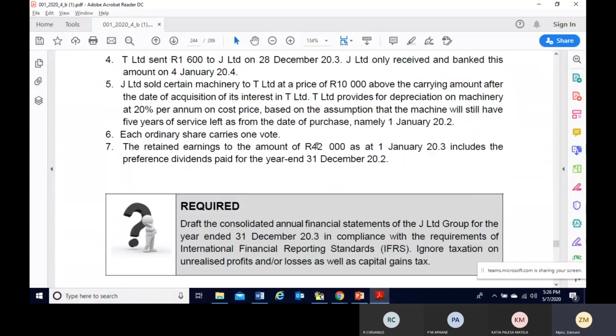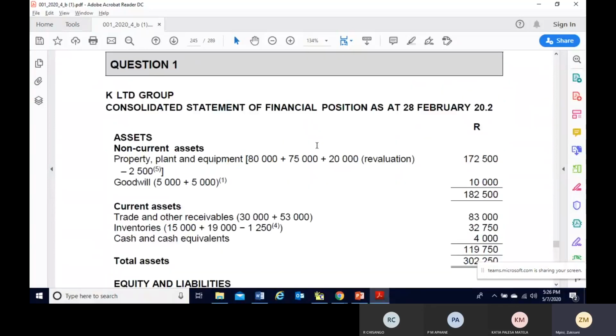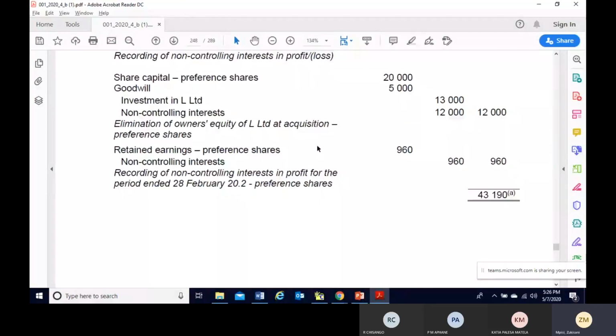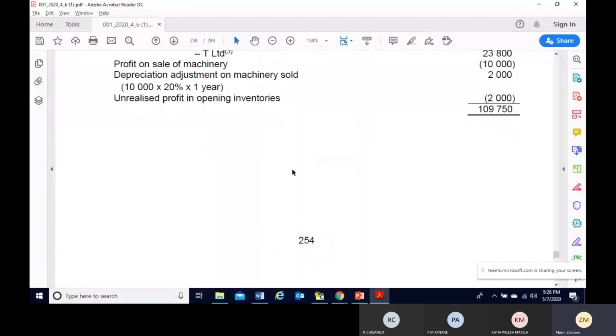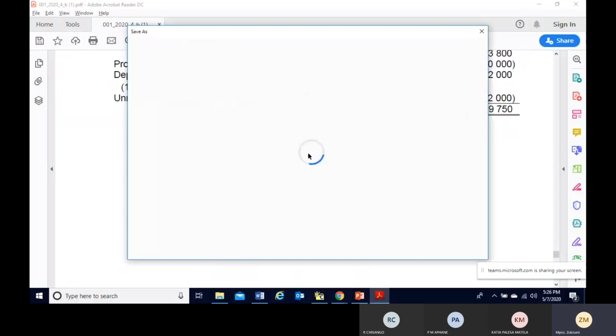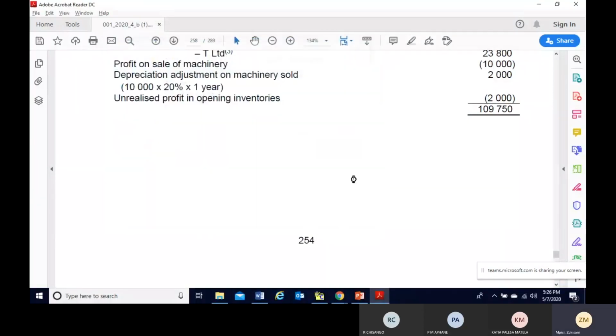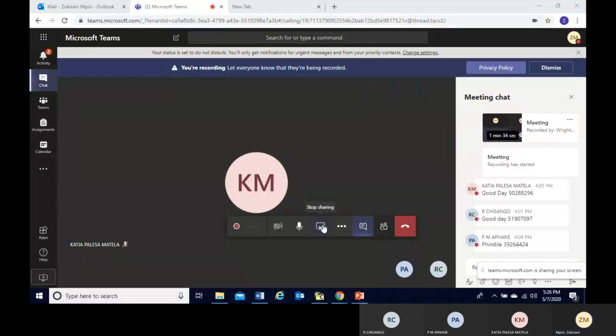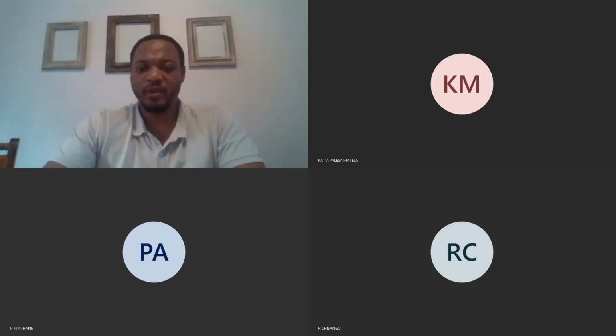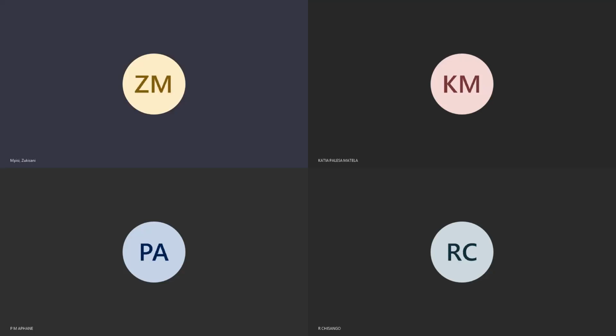These questions, example 1 to example 3, question 2 and question 3, are very nice questions for you to understand what we have gone through, and for you to be able to work on this on your own. Go through the presentation again to be able to understand everything that we have done.